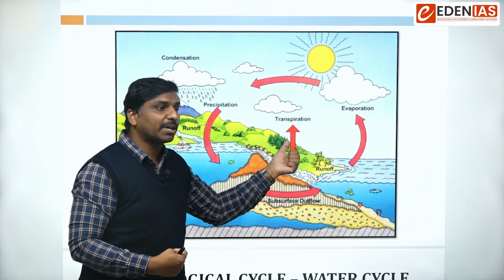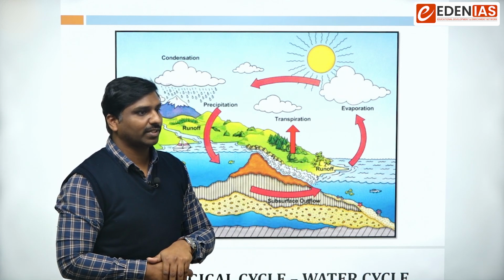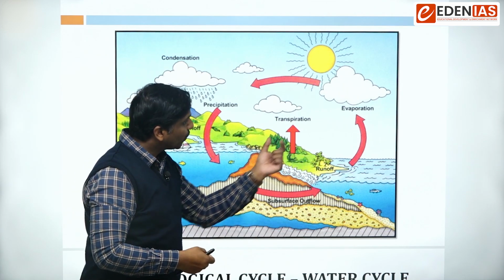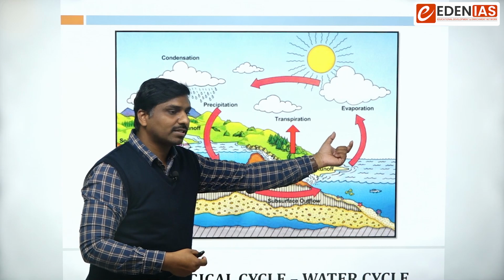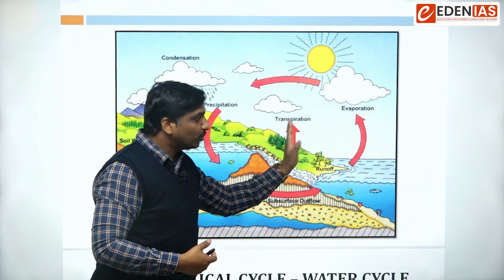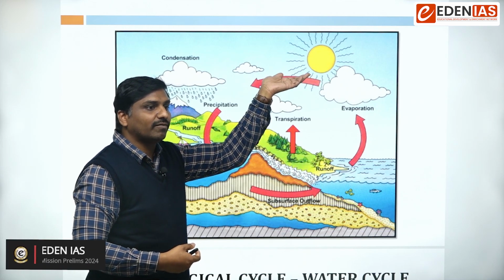Transpiration means loss of water from the plants in the form of gas. So evaporation is one process, transpiration is another process.